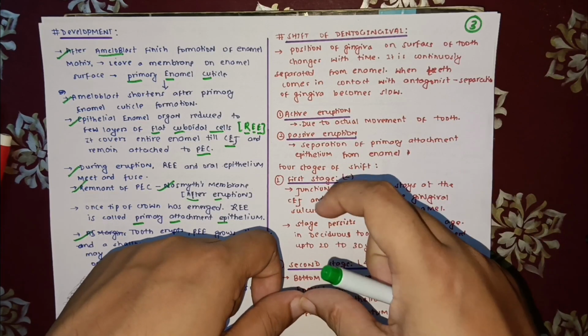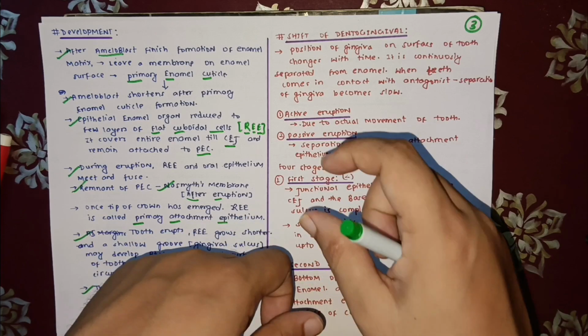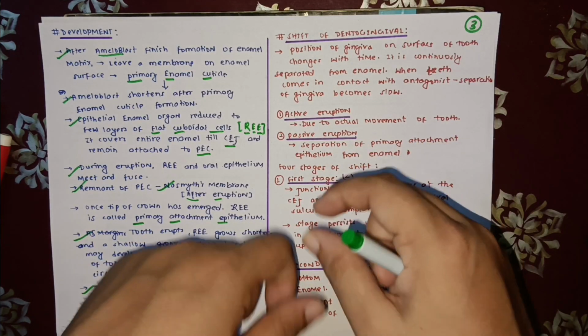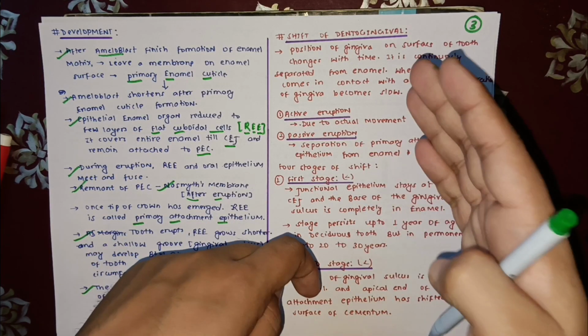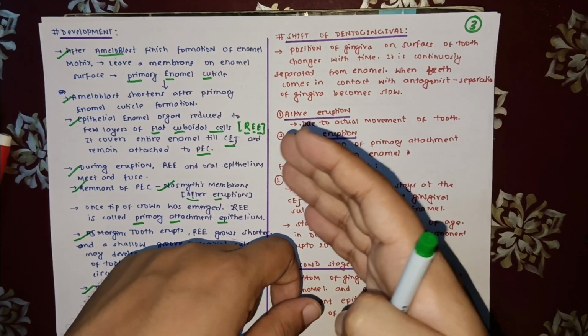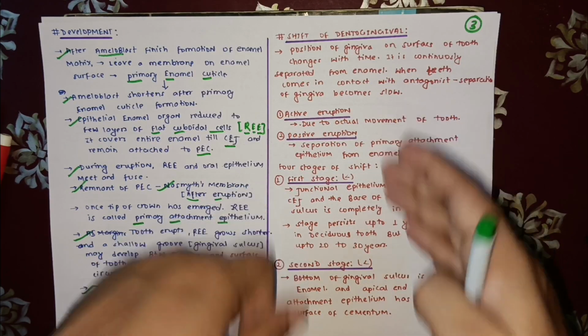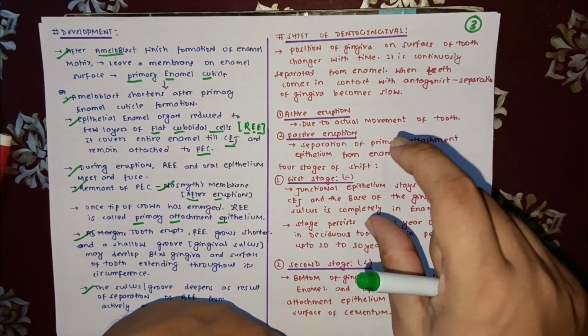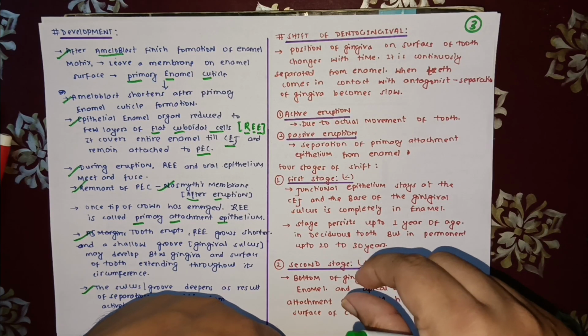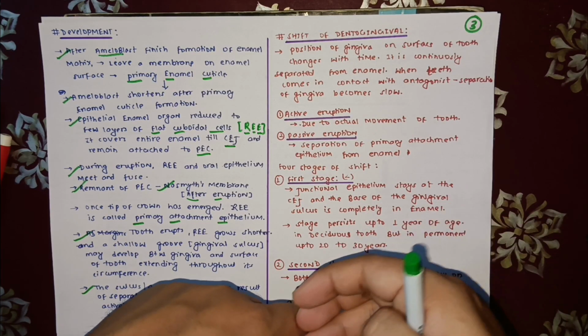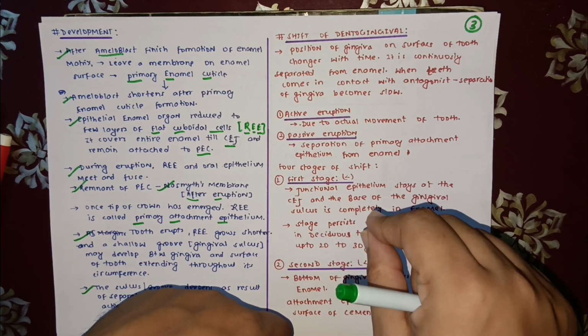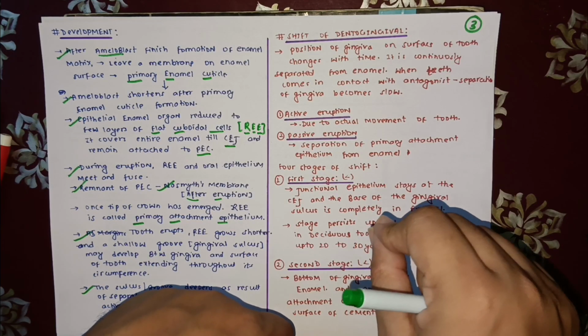So now the tooth gets erupted, and with the eruption, the junction between the reduced enamel epithelium and the tooth is going deeper and deeper, and it is forming the sulcus there. At the end it is attached to the tooth, and that end is called attachment epithelium or the junctional epithelium.